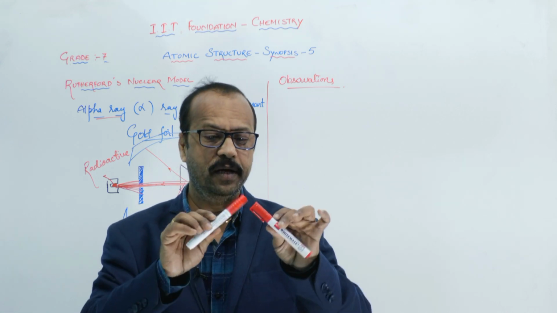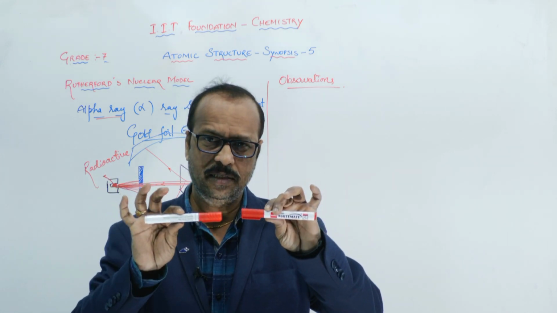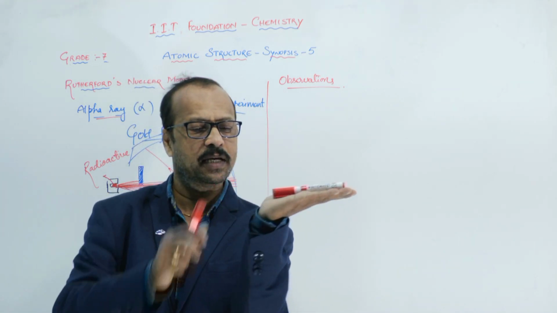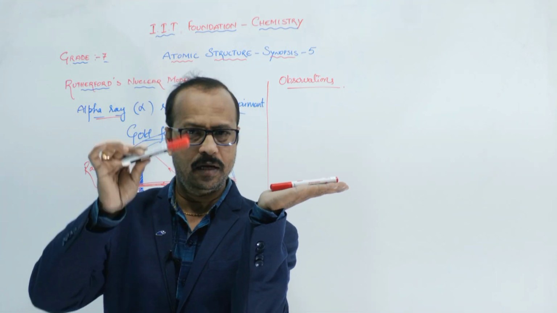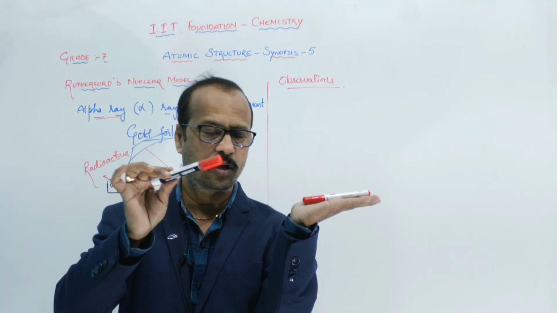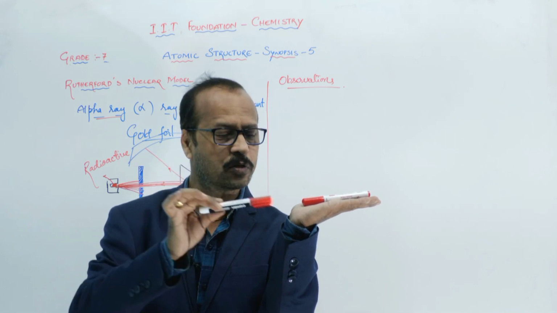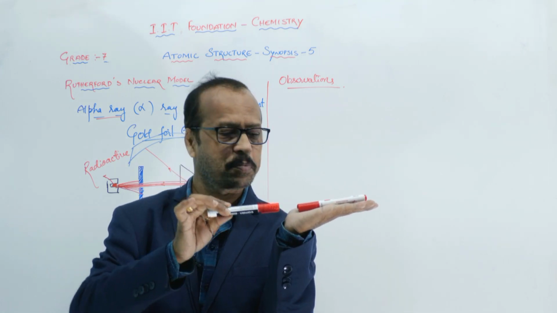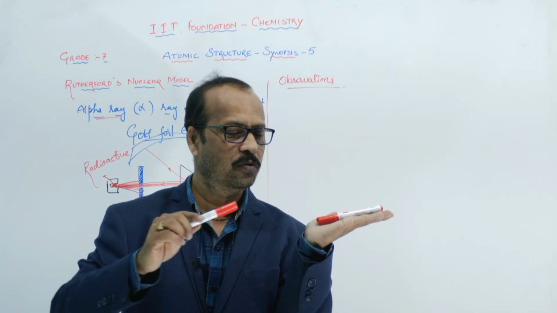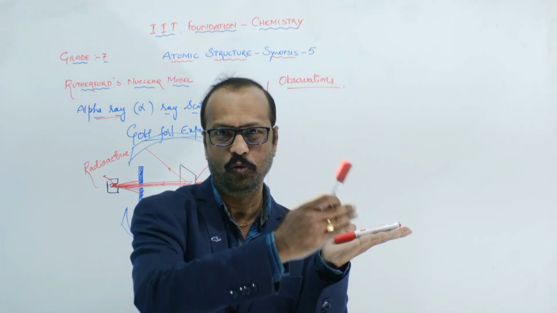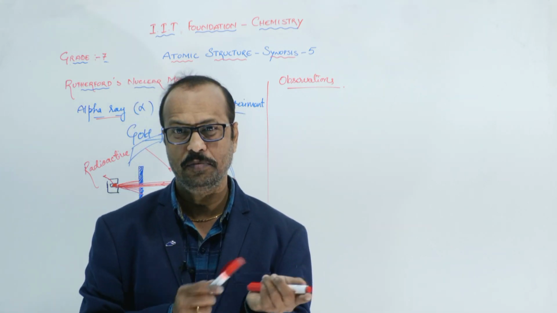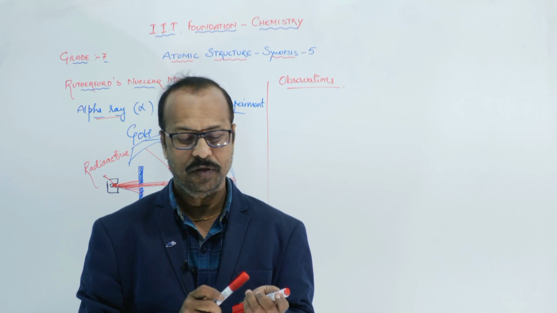Now, if you bring two north poles together, do they attract? No, they repel. If you place one magnet facing its north pole this side, and move the north pole of another magnet towards it, this other magnet will move back, because both are like poles and repel each other.